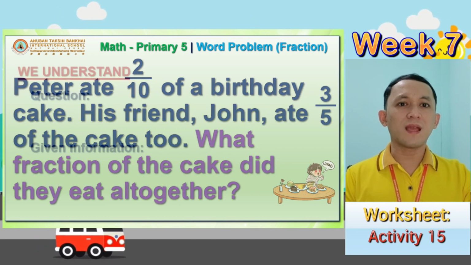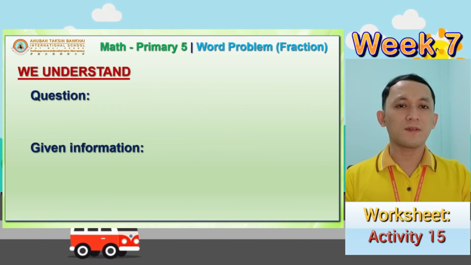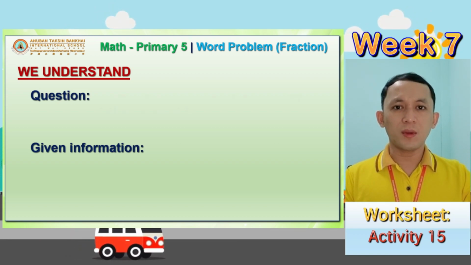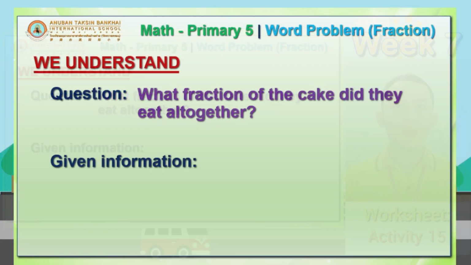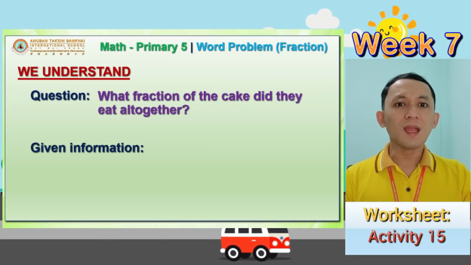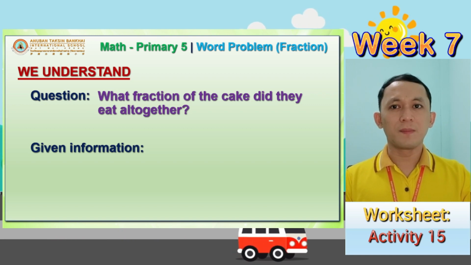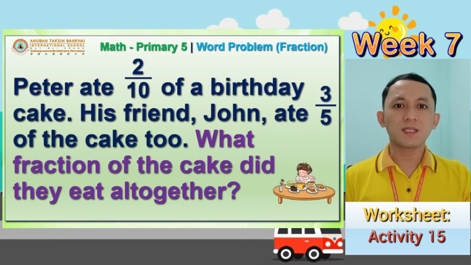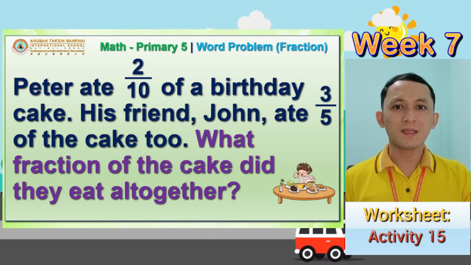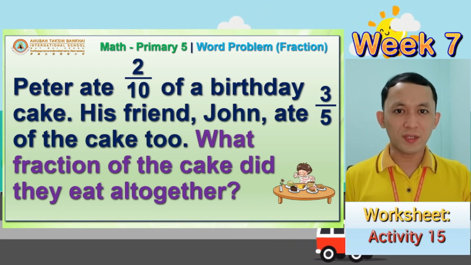We go back to our first stage, and we write the question here: what fraction of the cake did they eat all together? Now that is our question. Let's go back to the problem and identify the information that could help us answer the question.